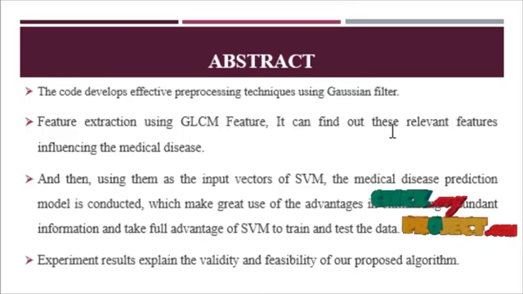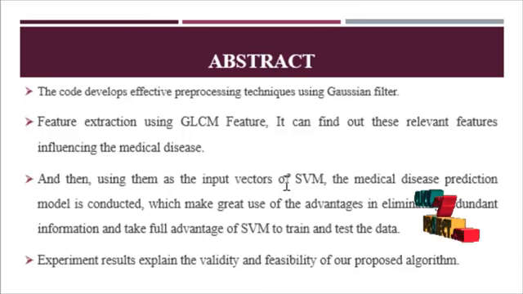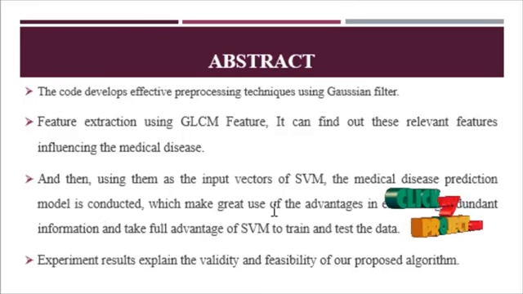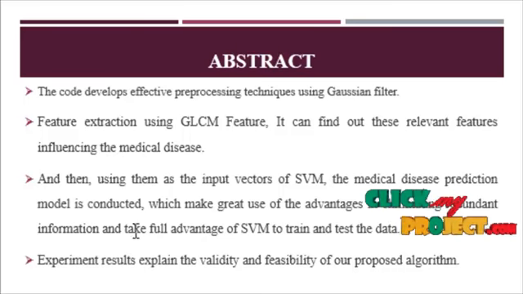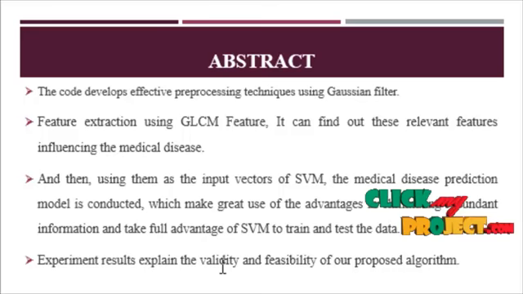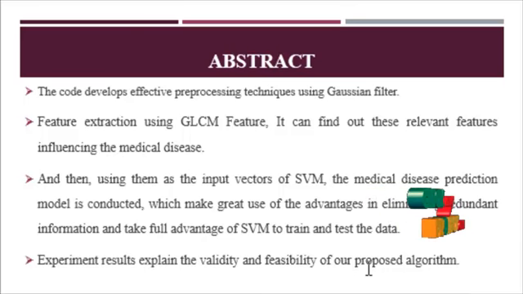It can find the relevant features in the medical disease, and then using the input vector of SVM, the medical disease prediction model is constructed, which makes great use of the advantages and eliminates the redundancy of the information, taking full advantage of SVM to train and test data. Experimental results explain the validity and feasibility of our proposed algorithm. The SVM classifier is compared with KNN and Naive Bayes classification algorithms.